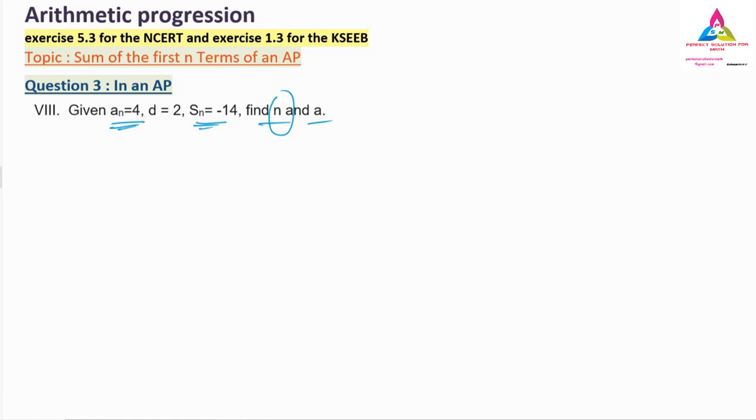But in this case the last term is given, a is not given, which means we have to go for Sn is equal to n by 2 into a plus an only, because here we have to find a and an is given. But here the n value is unknown and the a value is unknown, so two things are unknown. If we substitute an is equal to a plus n minus 1 into d, here an is equal to 4.